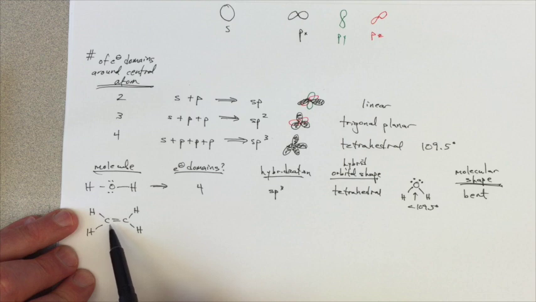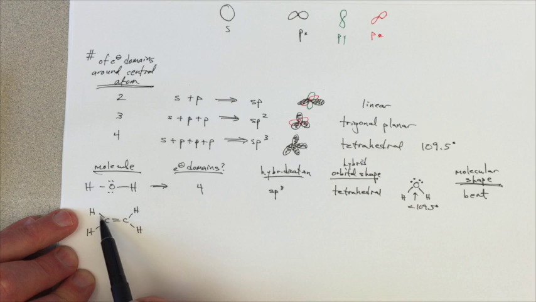Now if we count the electron domains around it, 1, 2, and then we have this double bond. Now this double bond has to exist between these 2 carbons in order to bind them together, and so in terms of domains, this counts as 1 location or 1 domain.